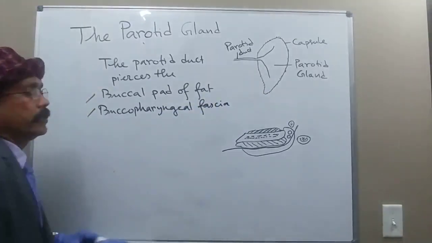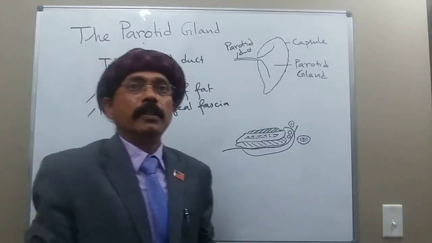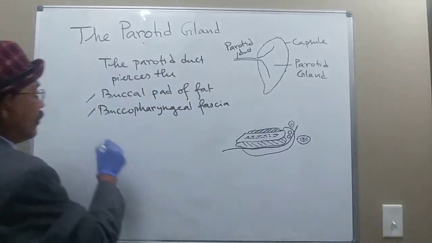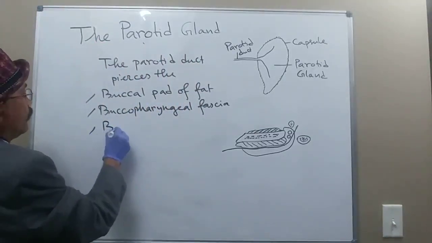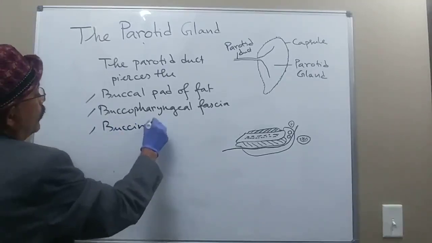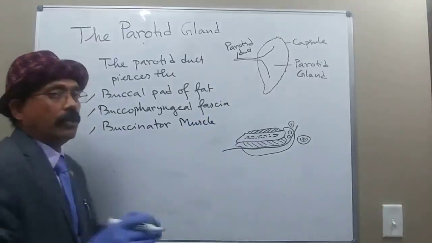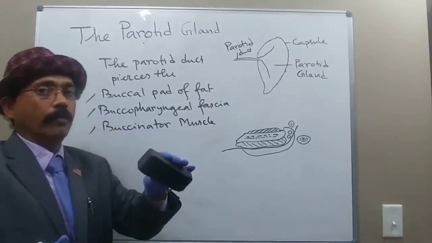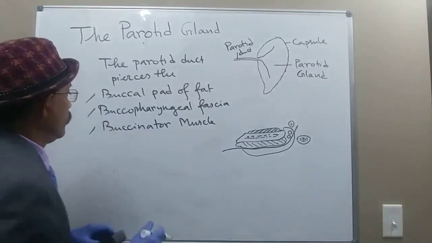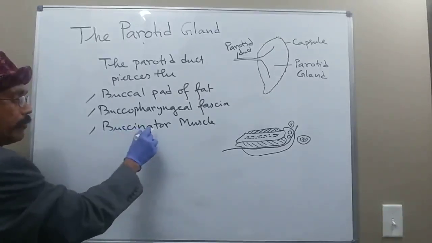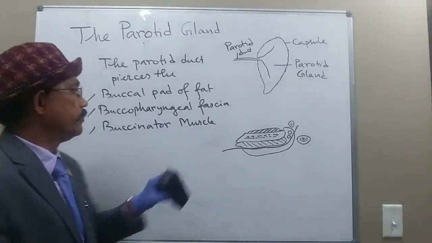Then it pierces the buccinator muscle and takes an oblique course through the muscle. So it pierces the buccinator muscle obliquely.